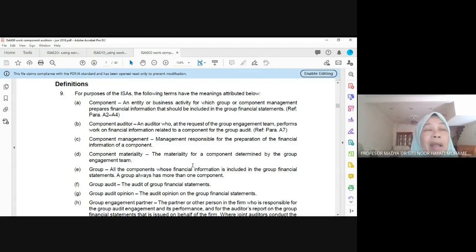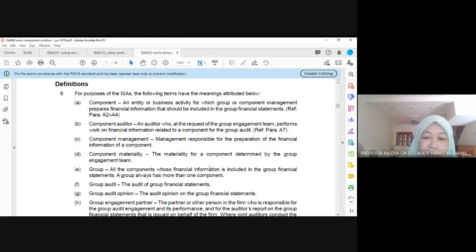Or any subsidiary or associate that can affect the stability, can affect the profitability within the industry, or it can cause the holding company to go bankrupt. So that is how we define the materiality. The materiality for a component is determined by the group engagement team. So it's not up to the individual component company, but it's actually the group engagement team.